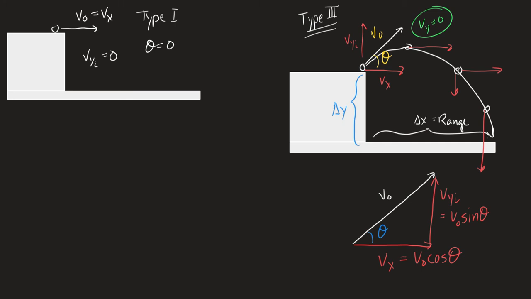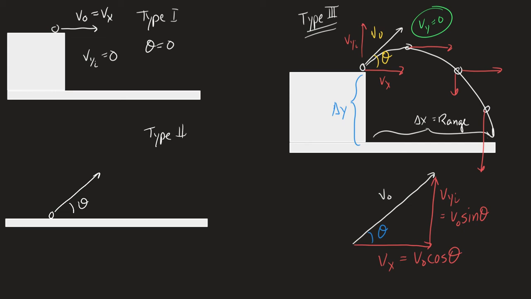Type 2 problems, again, are a little more complicated, but not much. In a type 2 problem, I do have a launch angle. I call these type 2 though, because they have a simplification as well. These problems are launched from the ground and generally land on the ground. What makes this a type 2 is delta y equals 0.